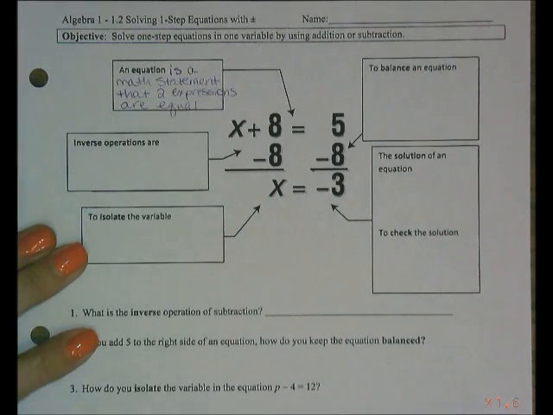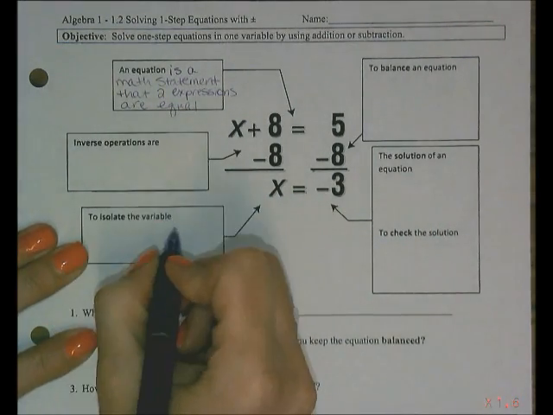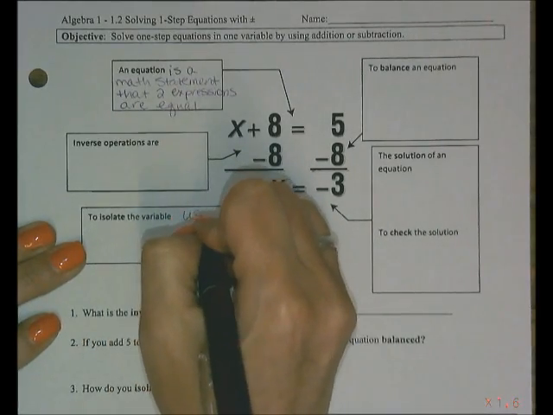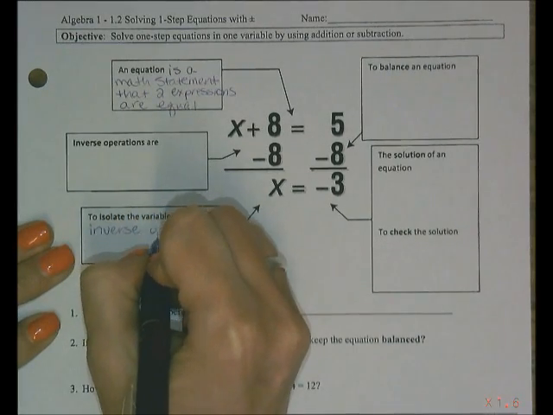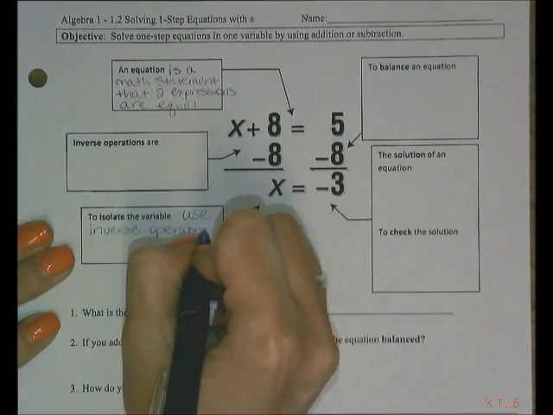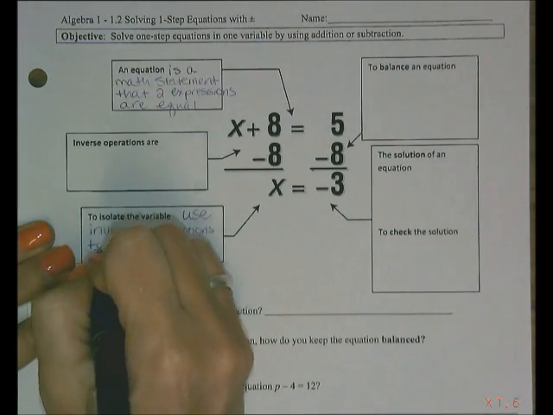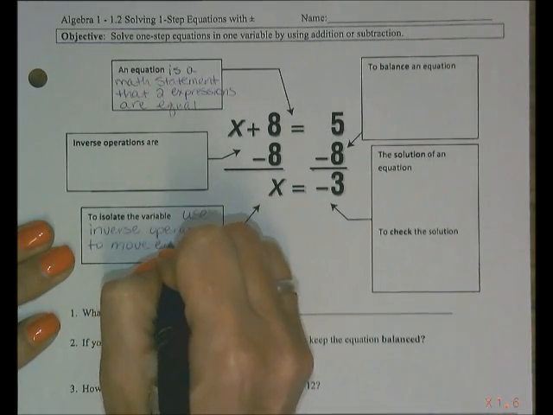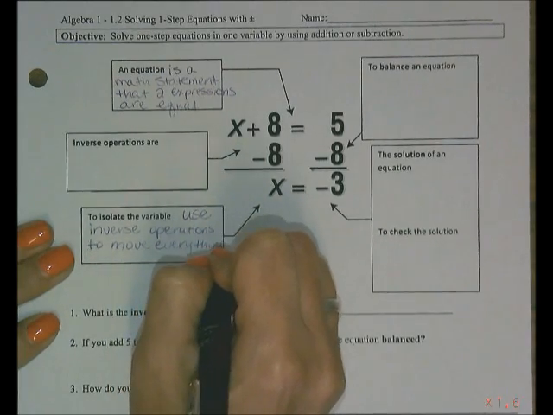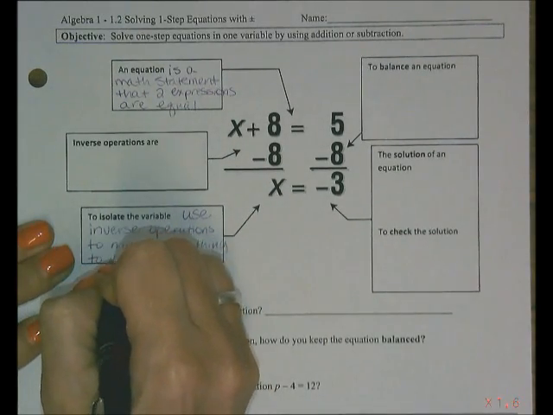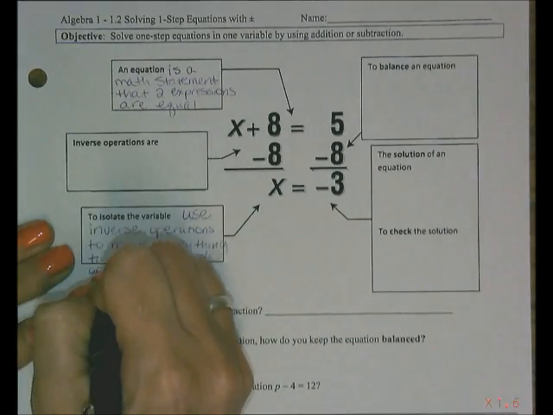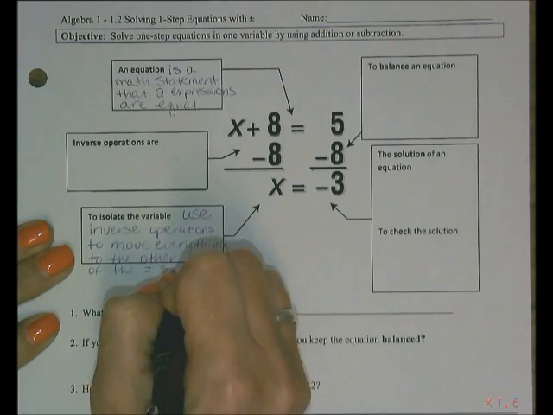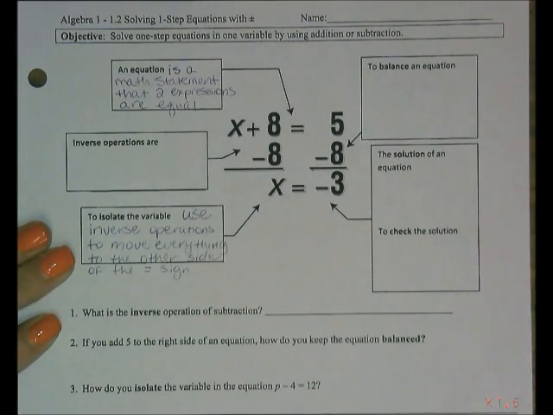The first thing we have to do is to isolate the variable. And to isolate the variable means to use inverse operations to move everything to the other side of the equal sign, or to undo the operations that are happening to x.